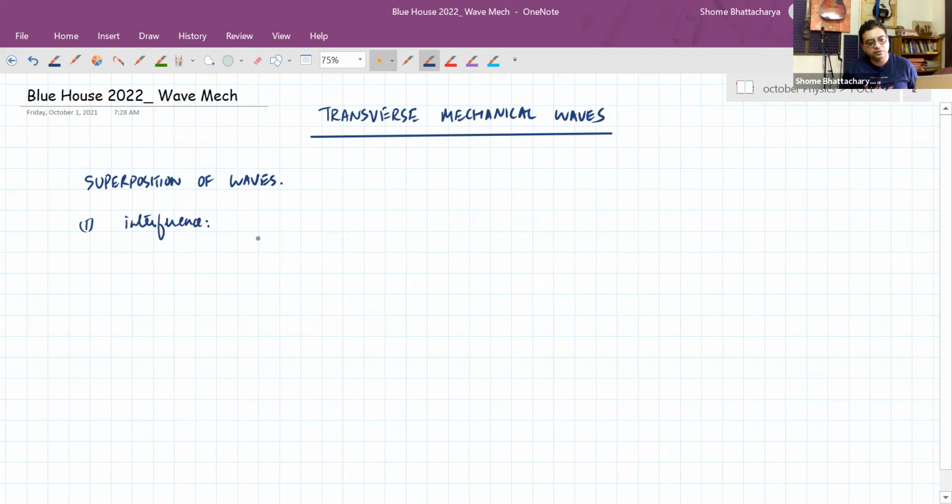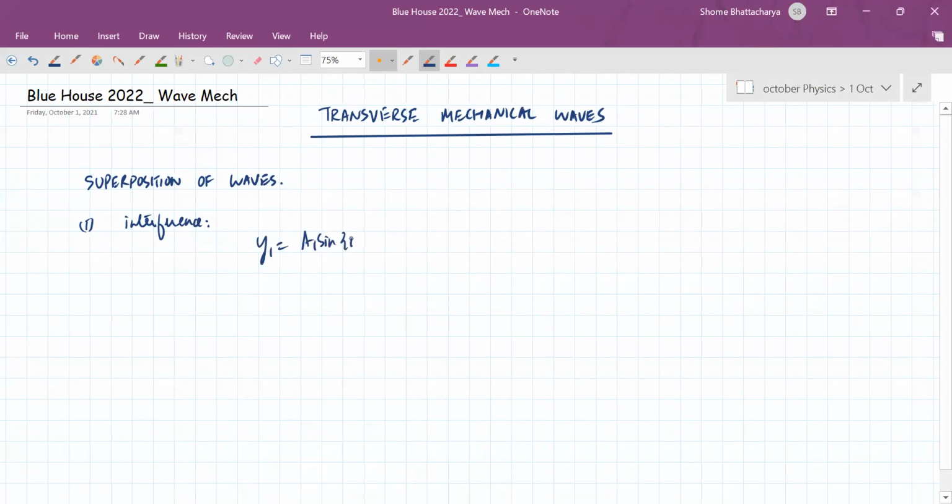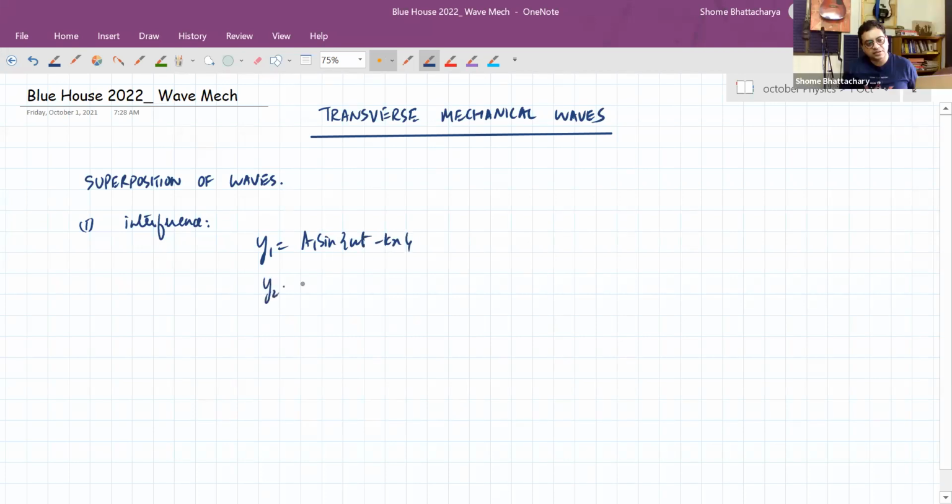We had seen for interference, if we have two waves traveling in the same direction and of identical frequency, then their superposition or overlap results in interference, which gives us some net amplitude which depends on the phase difference.